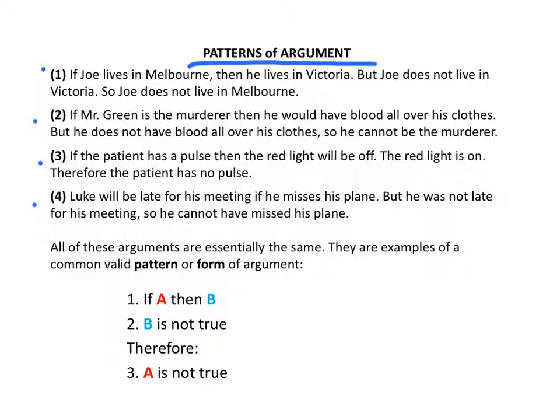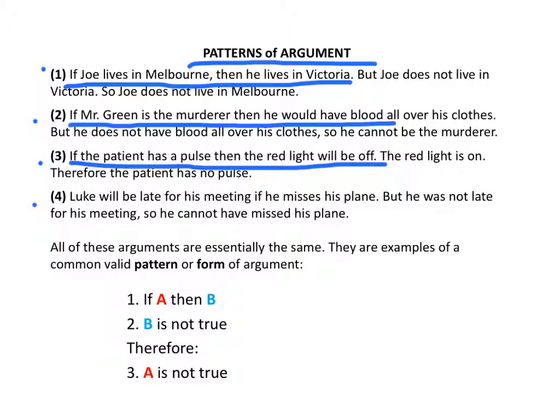For example, if Joe lives in Melbourne, then he lives in Victoria. If Mr. Green is the murderer, then he would have blood all over his clothes. If the patient has a pulse, then the red light will be off. So the first premise is a conditional claim like this. If something is true, then something else is true. If A, then B.